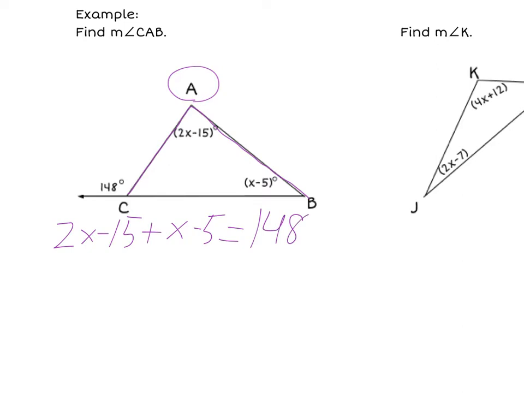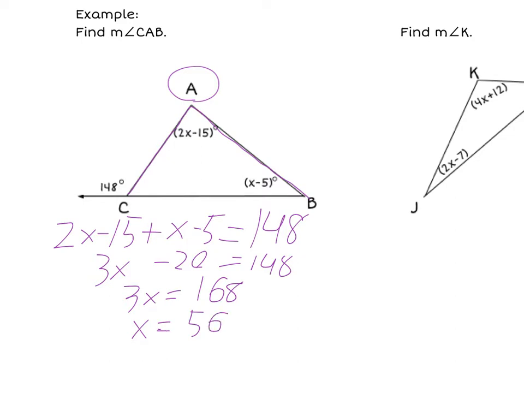If we combine our like terms and simplify, we'll end up with 3x minus 20 is equal to 148. Move that 20 over. 3x is equal to 168, and x is equal to 56.